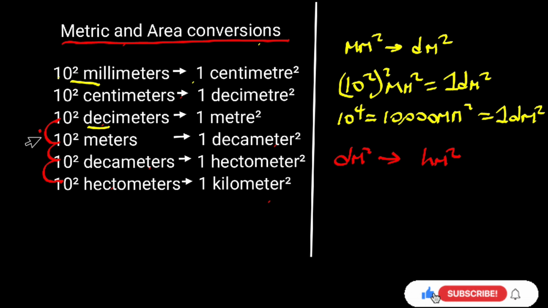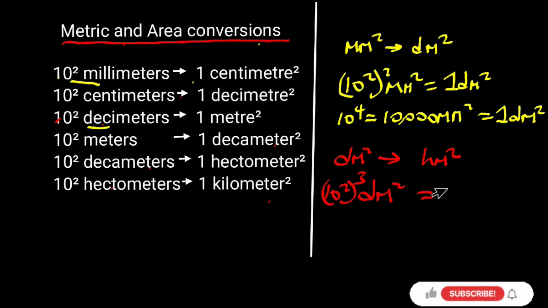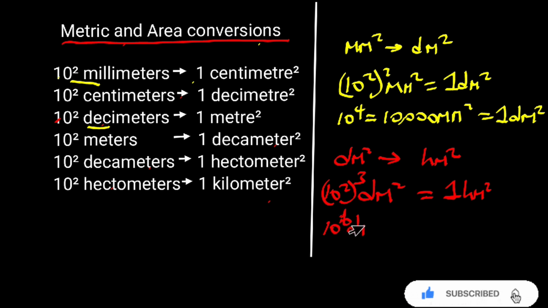So this is 1, 2, 3. So we have 10 squared raised to the power 3 square decimeters will give us 1 square hectometer. So this is going to be 10 raised to the power 6 square decimeters is equal to 1 square hectometer.